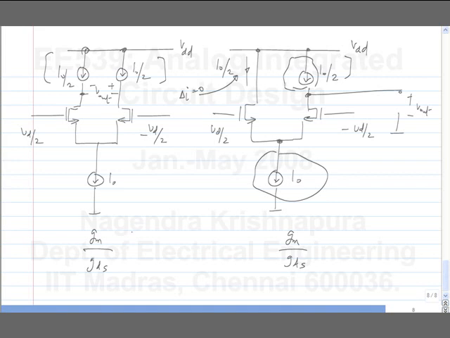When we have an incremental voltage of 0, we replace it by a short circuit. When we have an incremental current of 0, we replace it with an open circuit. So the small signal equivalents of the two circuits are the same, exactly. Is this okay? If I open circuit this one, let me write the small signal equivalents.